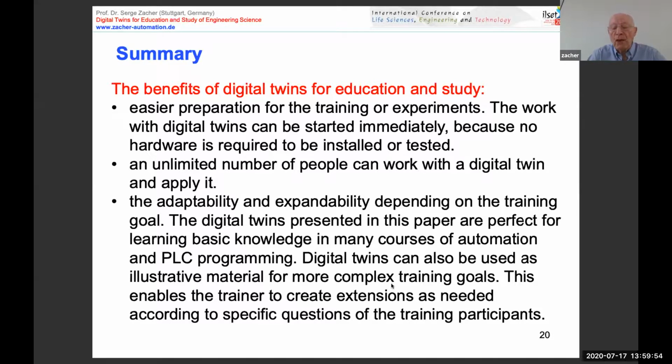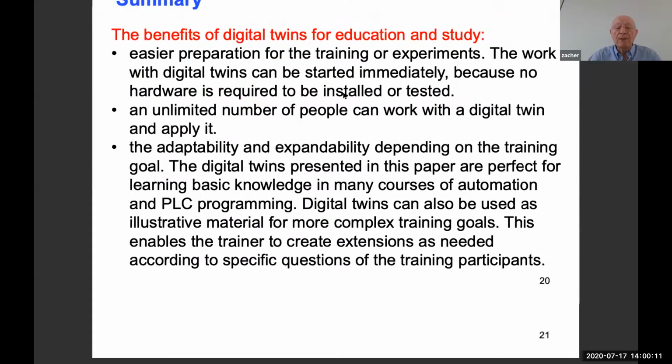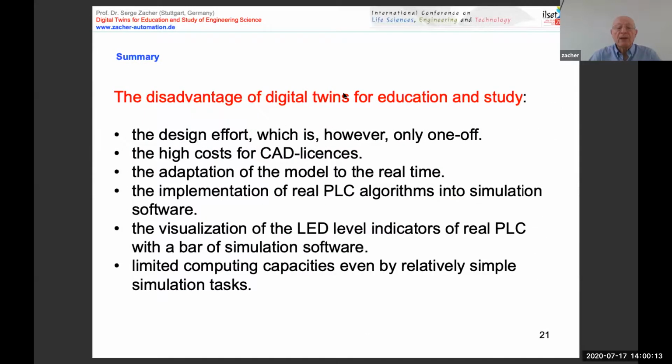For example, in our case, they are automation, PLC programming, and so on. These are the main benefits. Of course, there are also the 26% cost savings, but we also have disadvantages. The next figure, please. The disadvantages are that the design is not so easy, but it is only done one time.